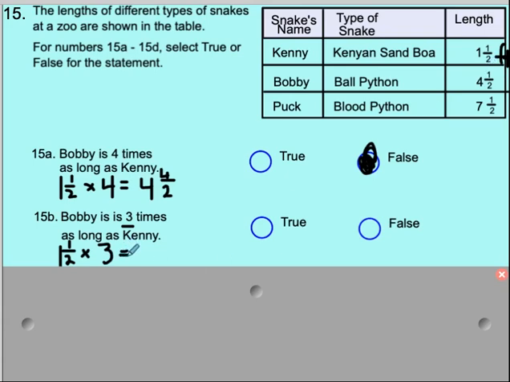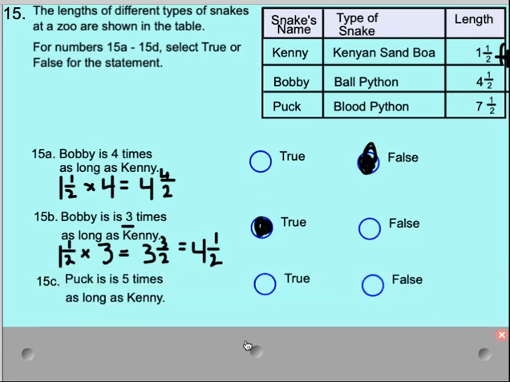If we don't, it's going to be false. 1 times 3 is 3. 1/2 times 3 is 3 halves. And I know 3 halves is the same as 1 1/2. So I'm going to take my whole number 1 and add it to my 3. So 4.5. And it checks out because that's what it says Bobby's length is, 4.5. So that is a true story.